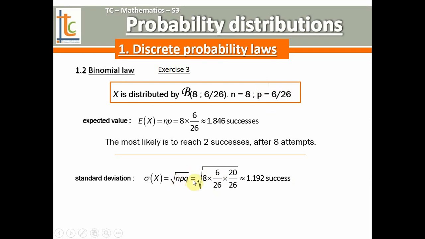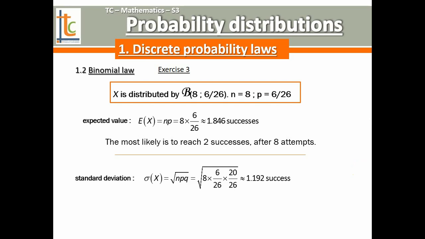And then when you perform this calculation, your result will be approximately 1.192. So close to 1.2. So it's a standard deviation. So again, an average variation of the number of white sectors after 8 attempts, considering that you are trying a lot of times to roll your wheel 8 times.